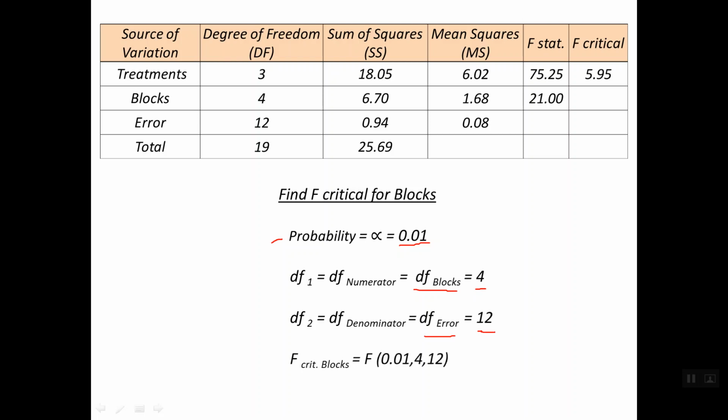So we need to determine the value of F for probability 0.01 and first degree of freedom 4, and the second one is 12.